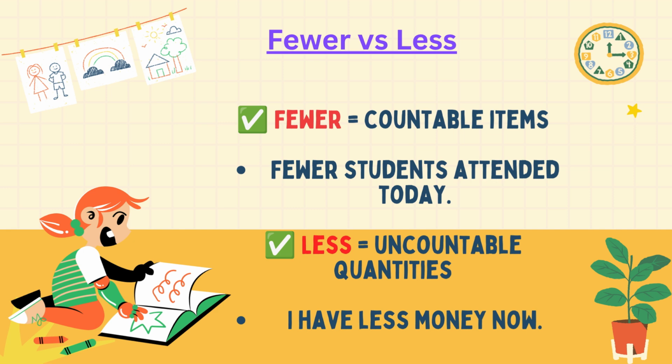Example, I have less money now. We need less water. She spends less time on social media. Money, water, and time are treated as uncountable quantities. So, fewer means countable, less means uncountable.